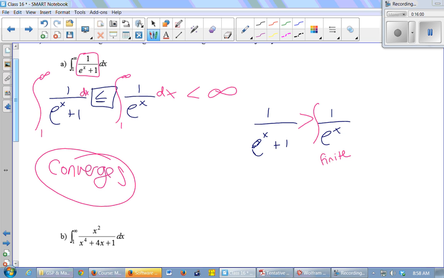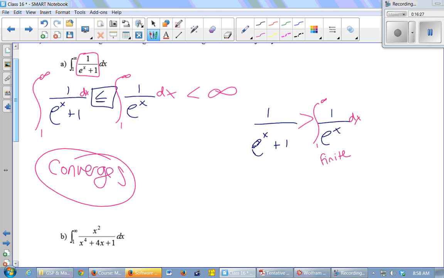When I integrate that from 1 to infinity, I know that that's finite. So if I have another function that is bigger than something finite, can you conclude anything about its finiteness or infiniteness? Knowing that it's bigger than something finite, does that let you know whether this is infinite or finite?